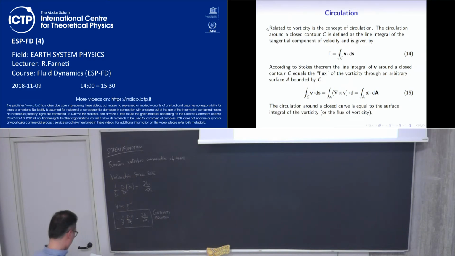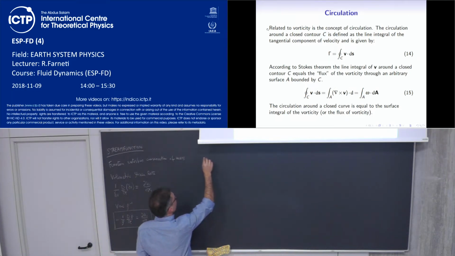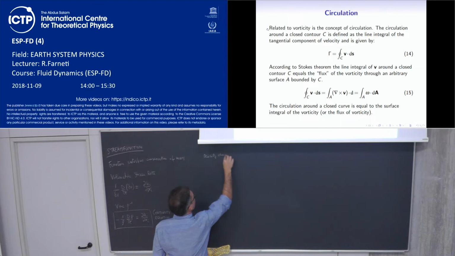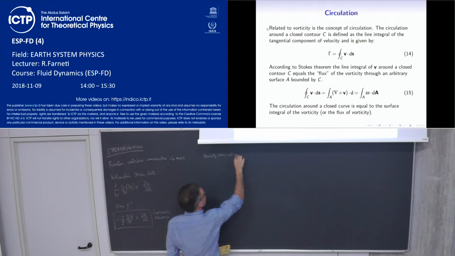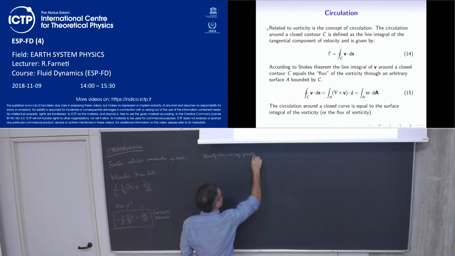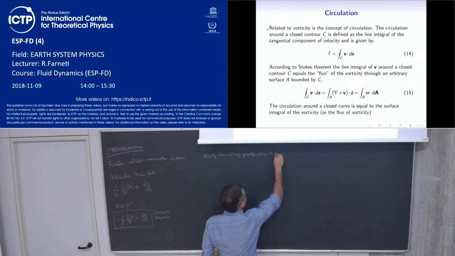Now what we're going to do is another approximation that we're going to define later, which is that density does not vary greatly along the path of movement of this particle.